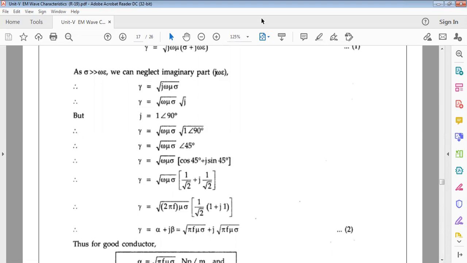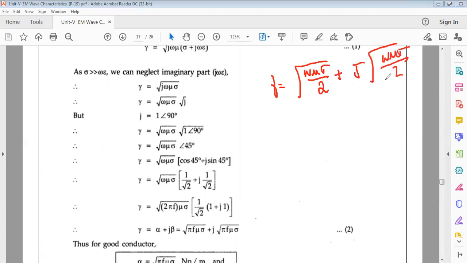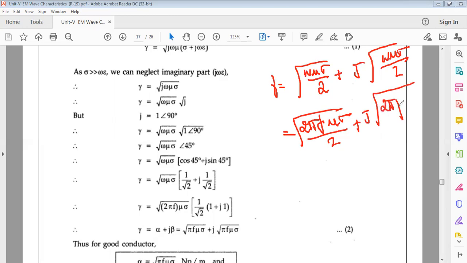We got under root of omega mu sigma by 2 plus j under root of omega mu sigma by 2. They modified this, with omega as 2 pi f, as under root of 2 pi f mu into sigma by 2 plus j into under root of 2 pi f mu sigma by 2. So the 2 gets cancelled, here also the 2 gets cancelled.